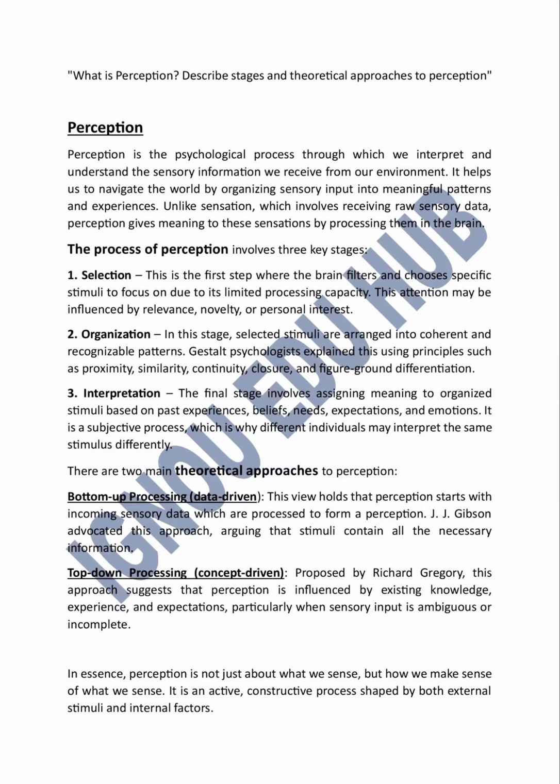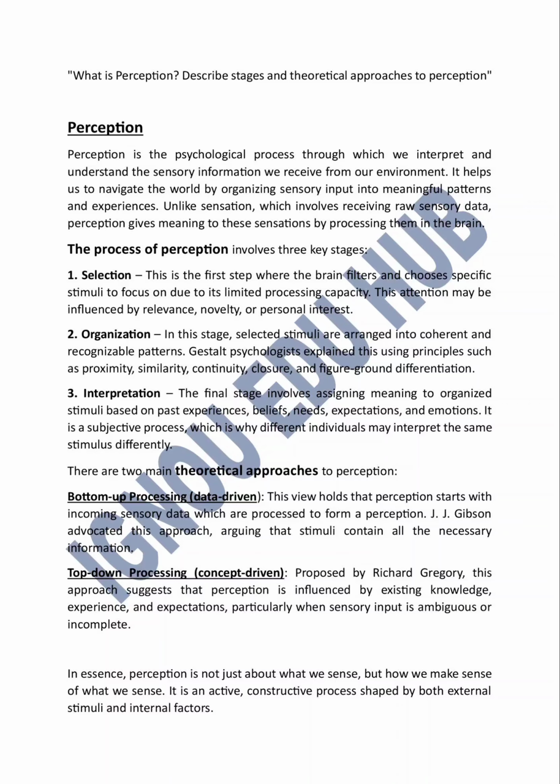Okay, let's begin. Today, I will be talking about perception, what it is, its stages, and some major theoretical approaches. First, definition. Perception is the psychological process through which we interpret and understand the sensory information we receive from our environment.